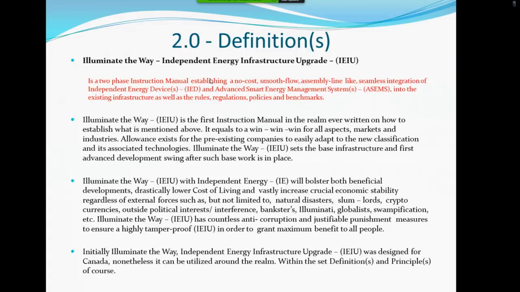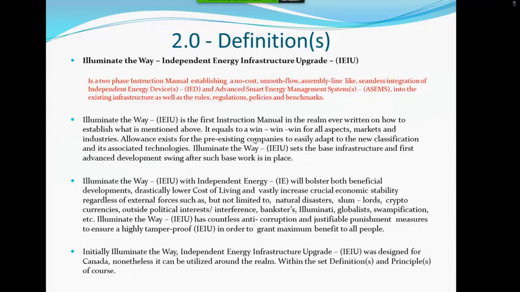It is a two-phase instruction manual establishing a no-cost, smooth flow assembly line-like seamless integration of independent energy devices and advanced smart energy management systems into the existing infrastructure, as well as the rules, regulations, policies, and benchmarks. So it's the first instruction manual that actually is do this, this happens, do this, this happens, and it just goes like that as the further development goes along.